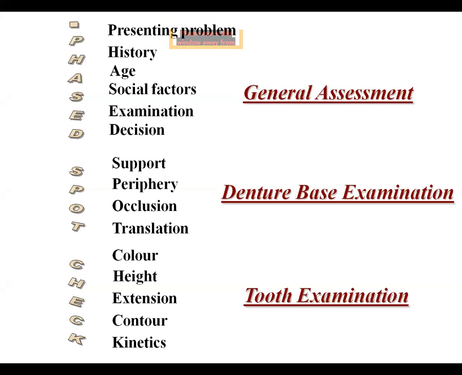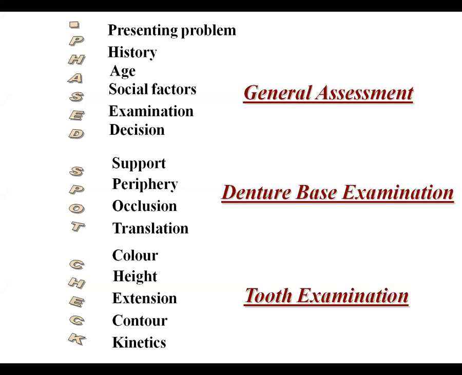In general assessment, we check these 6 factors, in denture-based examination these 4 factors, and in tooth examination these 5 factors. A little bit confusing, but by remembering one mnemonic, we can remember this.